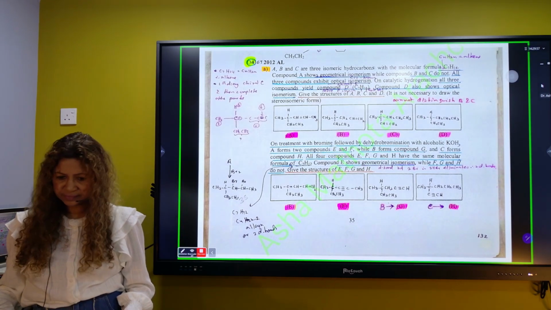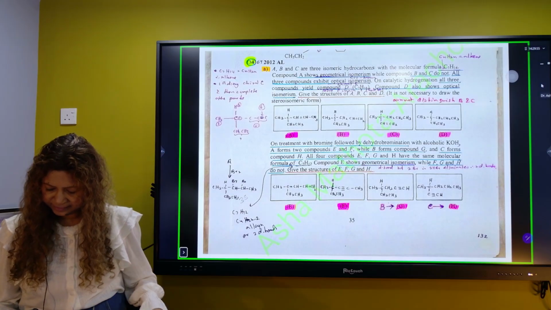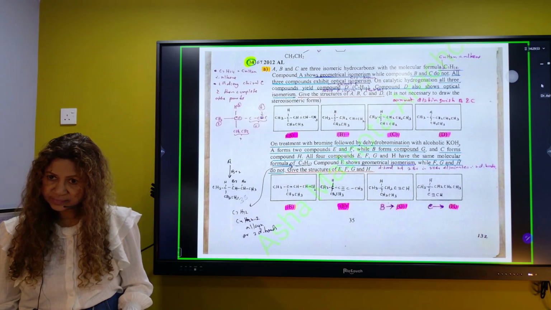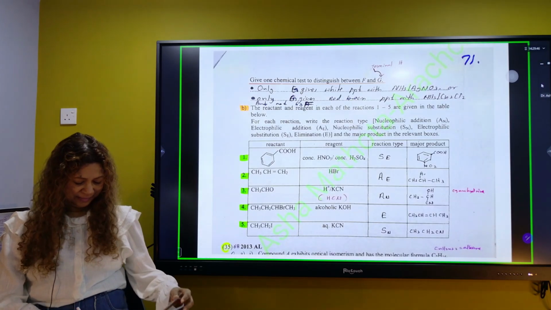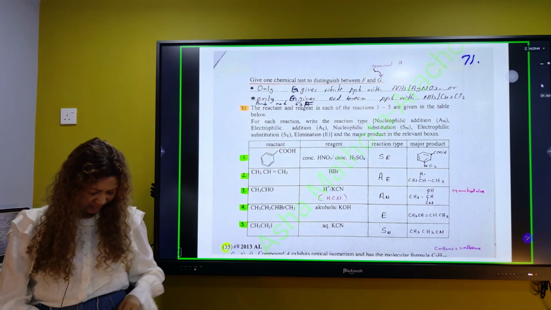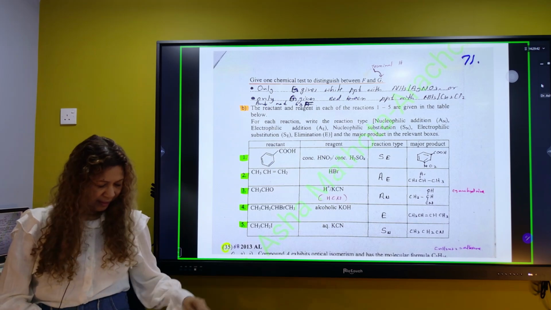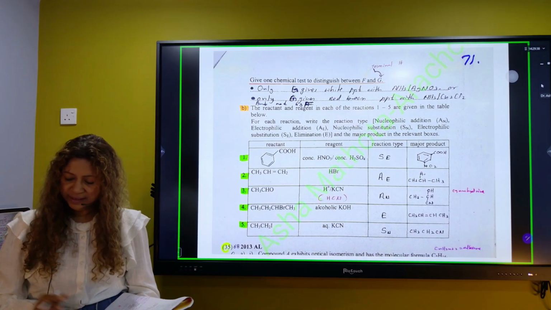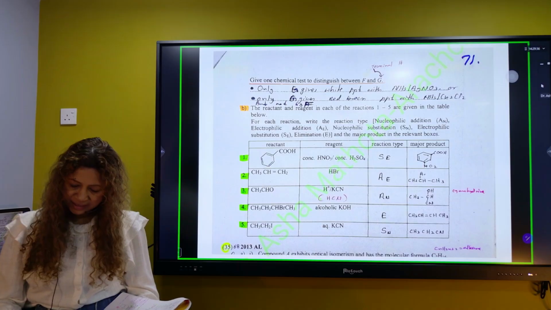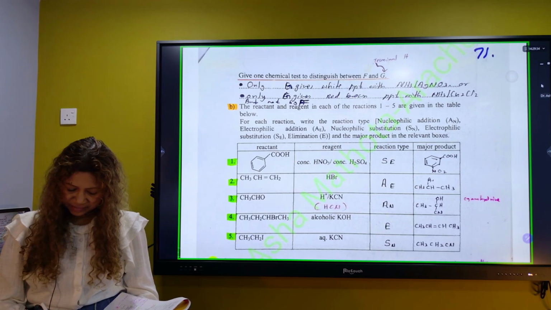Moving on. F and G are alkynes, but G is a terminal alkyne.